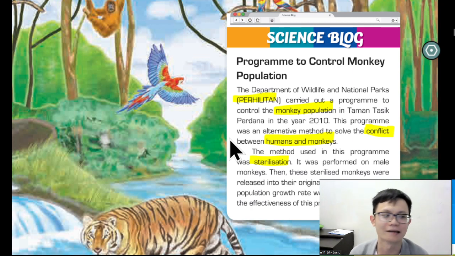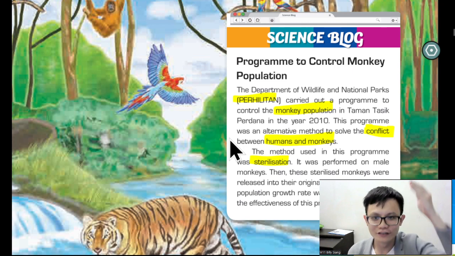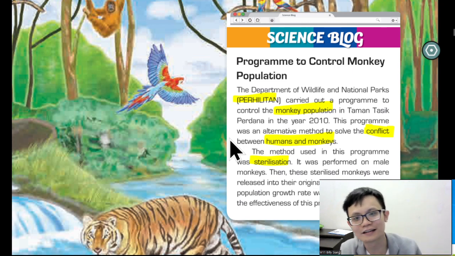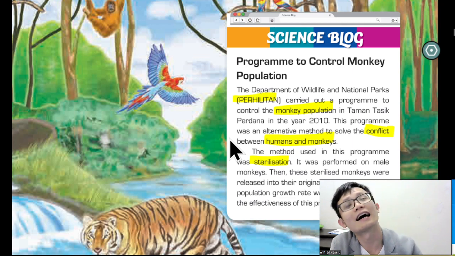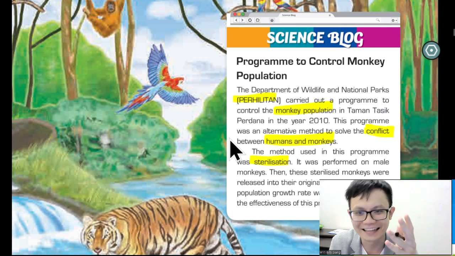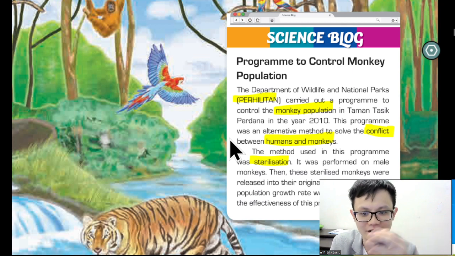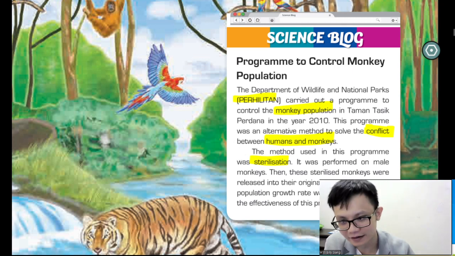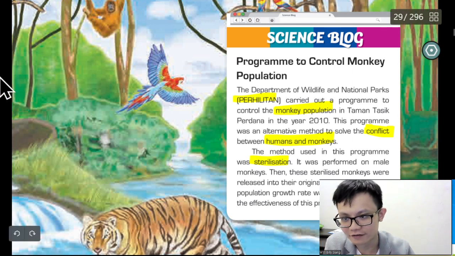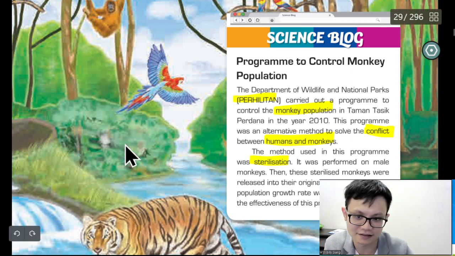It doesn't mean like last time, when you didn't want the guy to have a baby, you cut the thing. It's not that bad. After they do it, you still can have the relationship, male and female, but you just don't have babies. Correct or not? Maybe I can draw it out a bit here.